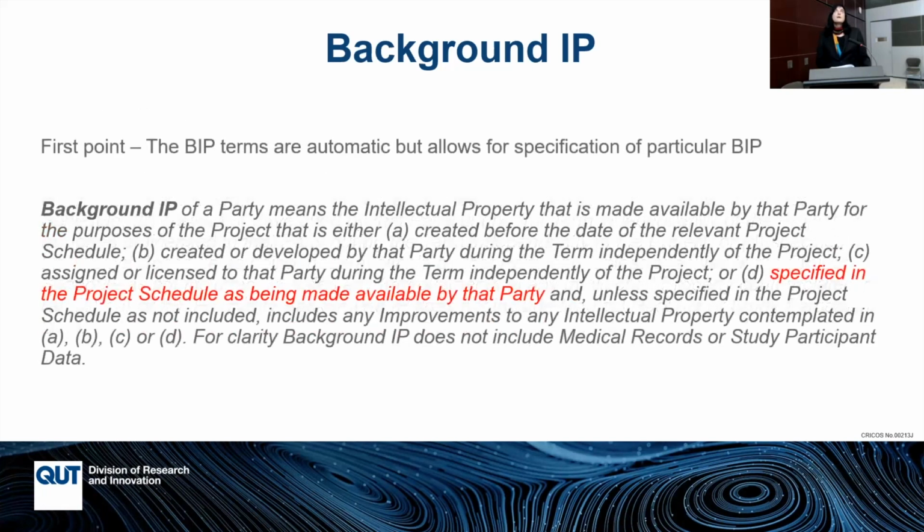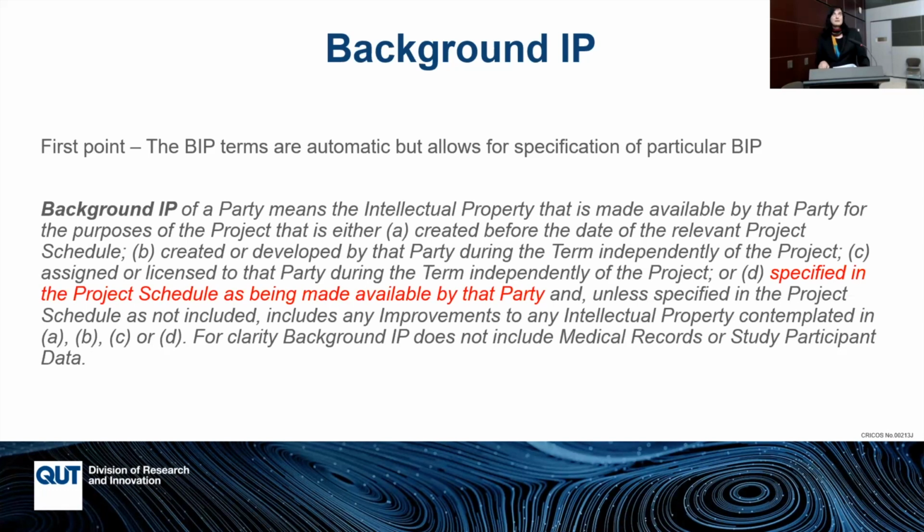So having a look at those, I'd like to bring up 2 points just to your attention. And that is that, yes, background IP can be drawn in specifically. You don't have to list it in the project schedule. But my tip would be, if possible, if you know that you're contributing some background IP, specify it. And one of the reasons for that is that not only can you specify it, you can also specify particular encumbrances or particular obligations in relation to that particular bit of background IP.